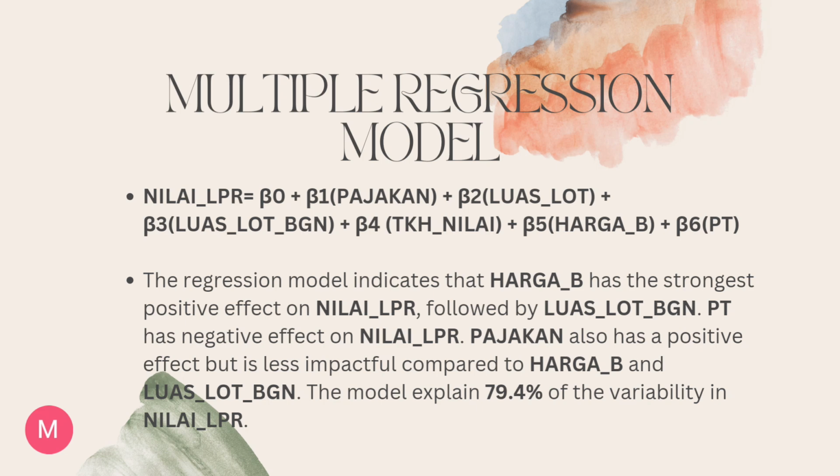The pajakan also has a positive effect, but it is less impactful compared to harga B and luas lot bangunan. The model explains 79.4% of the variability in nilai LPR, making it a strong model for predicting nilai LPR based on the given predictors.